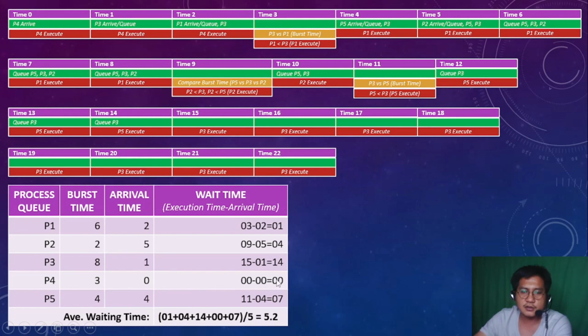So there is no change in the wait time. It waits no time at all to get executed in the central processing unit.